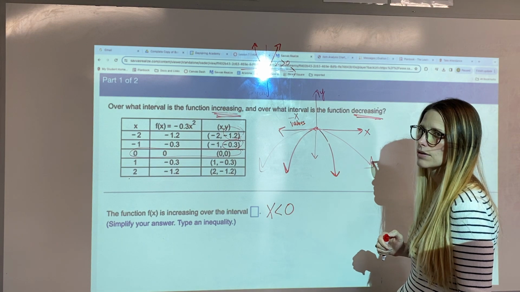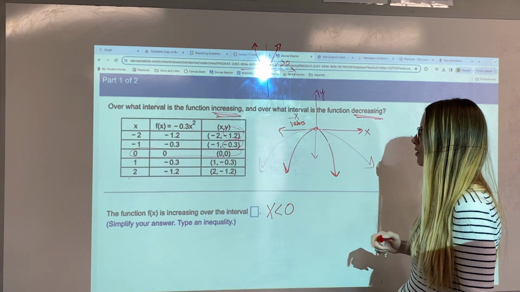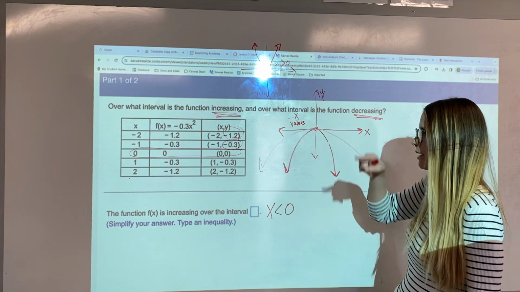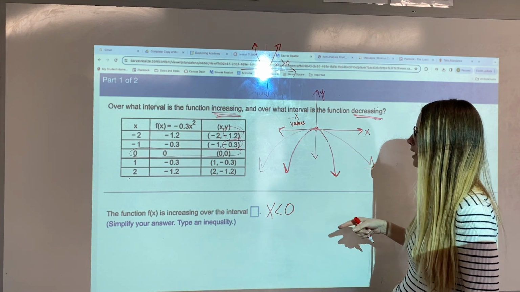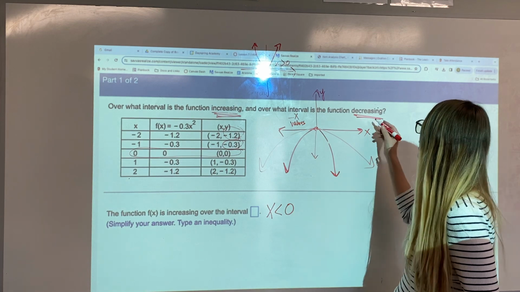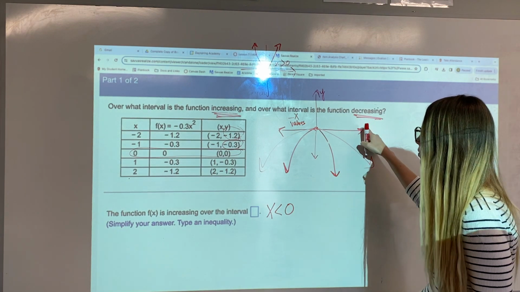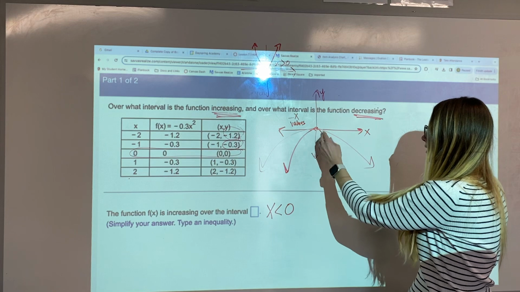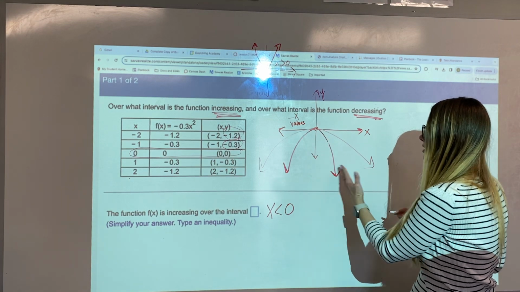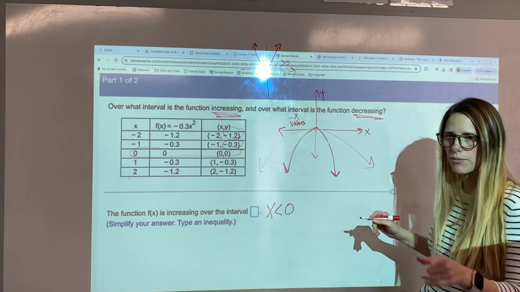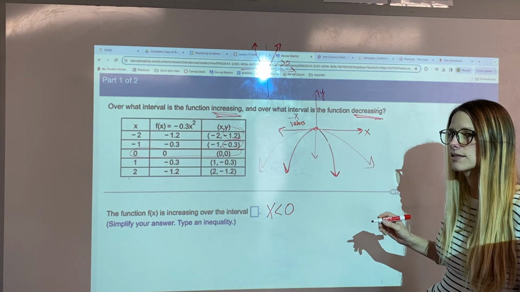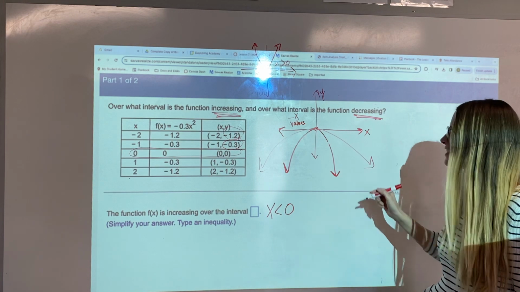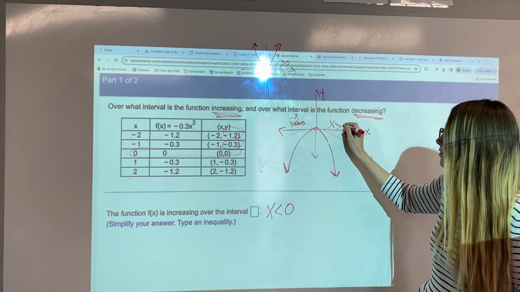I'm going to go back to this one for a second, and then we'll go back to yours. Now it's going to ask, when is it decreasing? From left to right, it's decreasing here. How would we represent that with an inequality? Yes, x is less than 0.